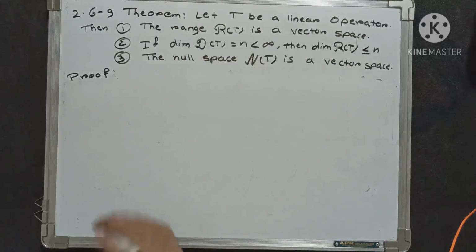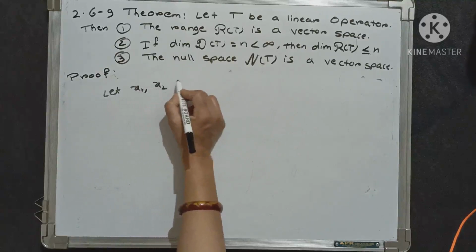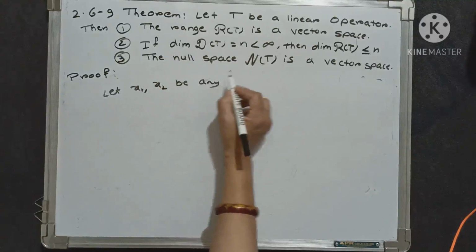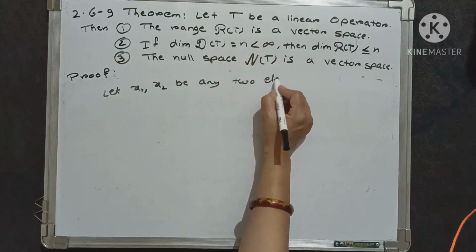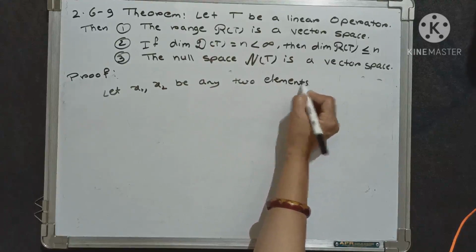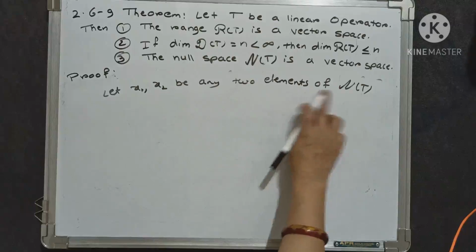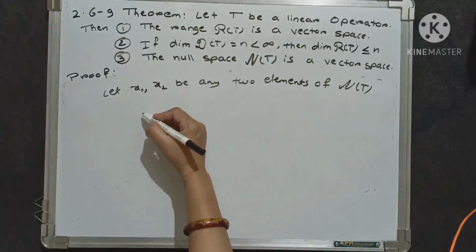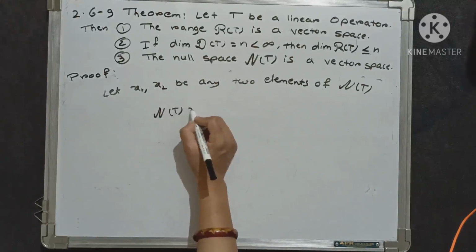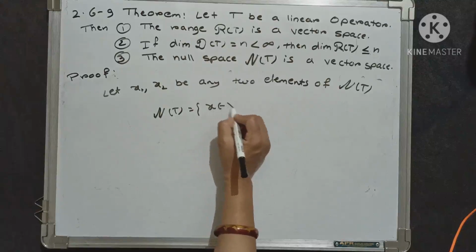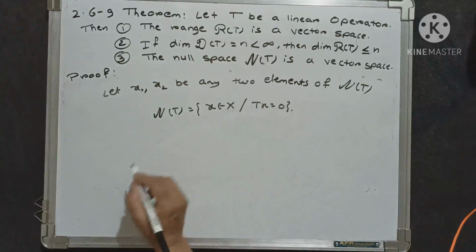Let x1, x2 be any two elements of the null space N(T). We know that N(T) is the set of all x belonging to X such that its image is equal to 0.